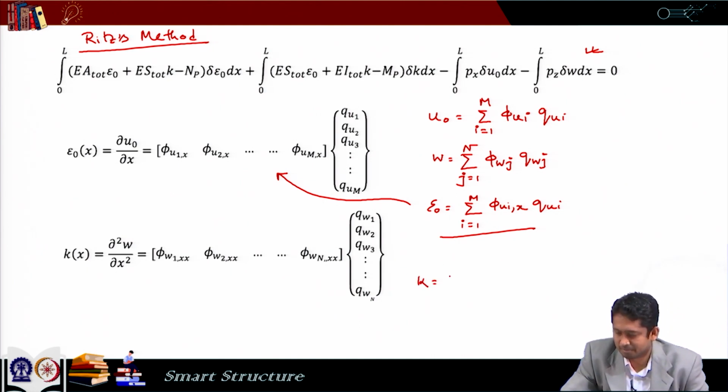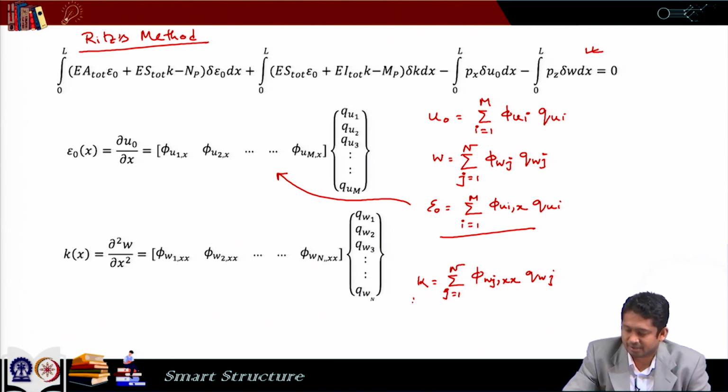Similarly, kappa becomes j is equal to 1 to n q w I comma x x multiplied by, we are using j here. So, let it be, and j, and again that can be written as this.